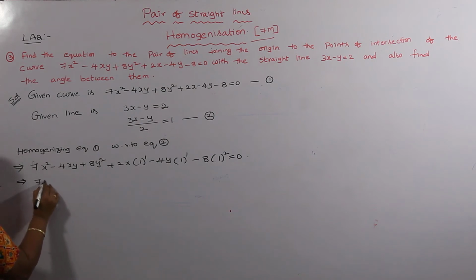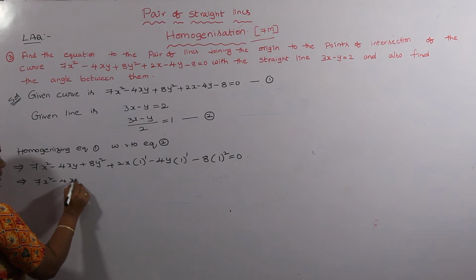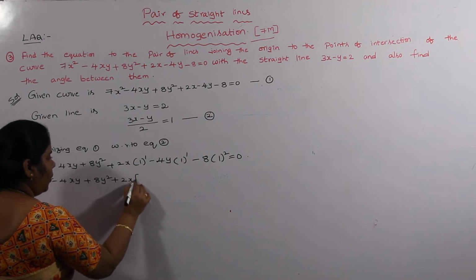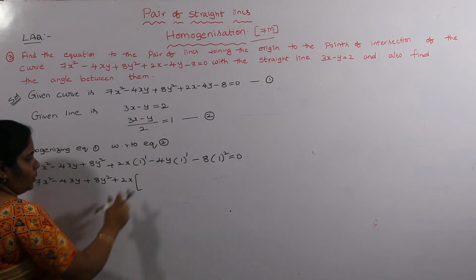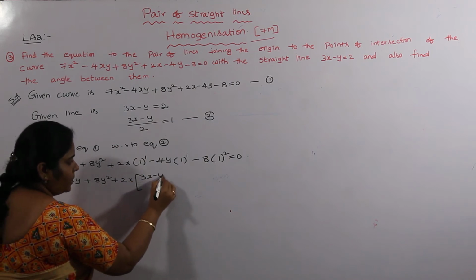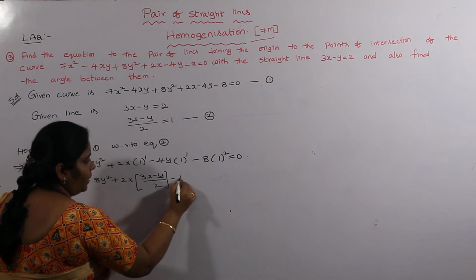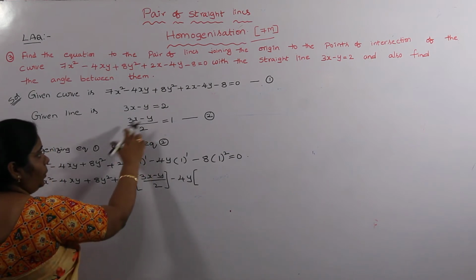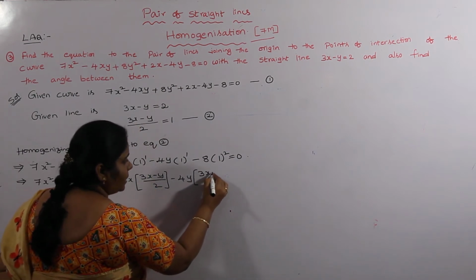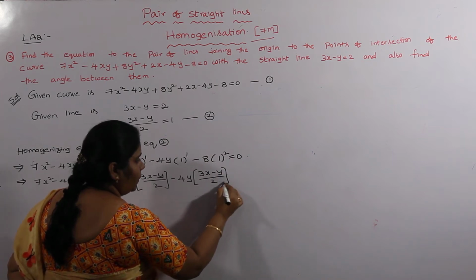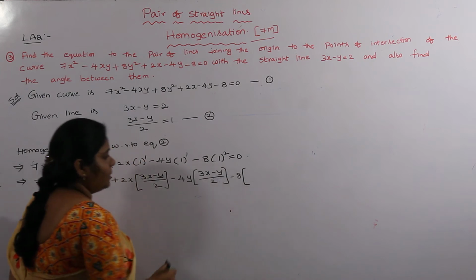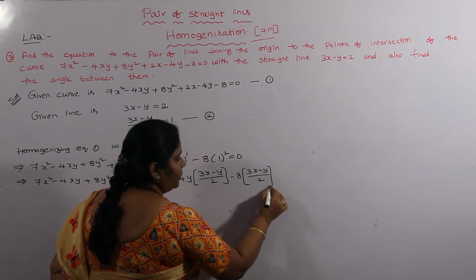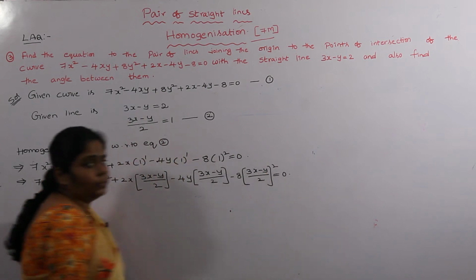That implies 7x square minus 4xy plus 8y square plus 2x into (3x minus y) by 2, minus 4y into (3x minus y) by 2, minus 8 into ((3x minus y) by 2) whole square is equal to 0.